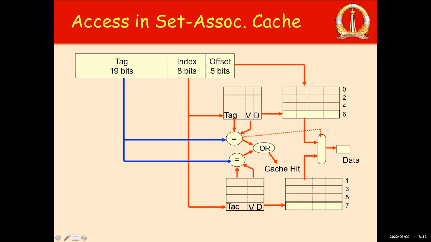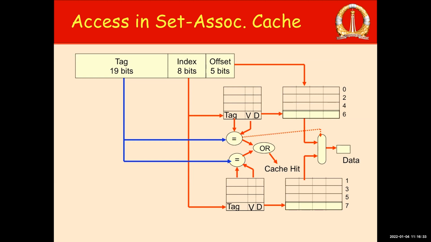If neither of these tags match or if the valid bits are not true, then it is a case of a cache miss, in which case the data is not available in the cache at that level. Then you either have to go to the next higher level. This is exactly how you do accessing in a set associative cache.